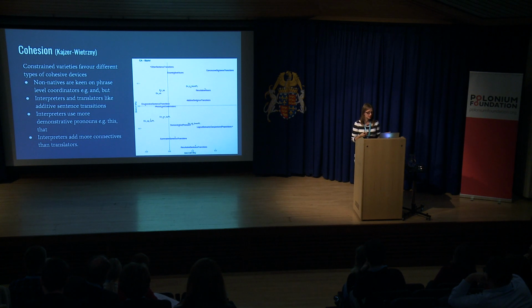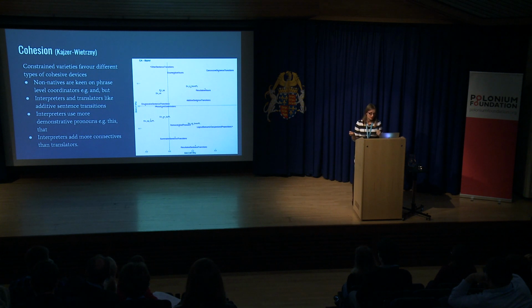And so, for instance, people who use English as a non-native tongue, so Polish speakers of English, if you will, are keen on using phrase-level communicators a lot, like and but. These are very nice small words that also buy you more thinking time, so it's a very neat device. And interpreters and translators like to use additive sentence transitions like moreover and in addition, etc., to link the ideas between the sentences even more.